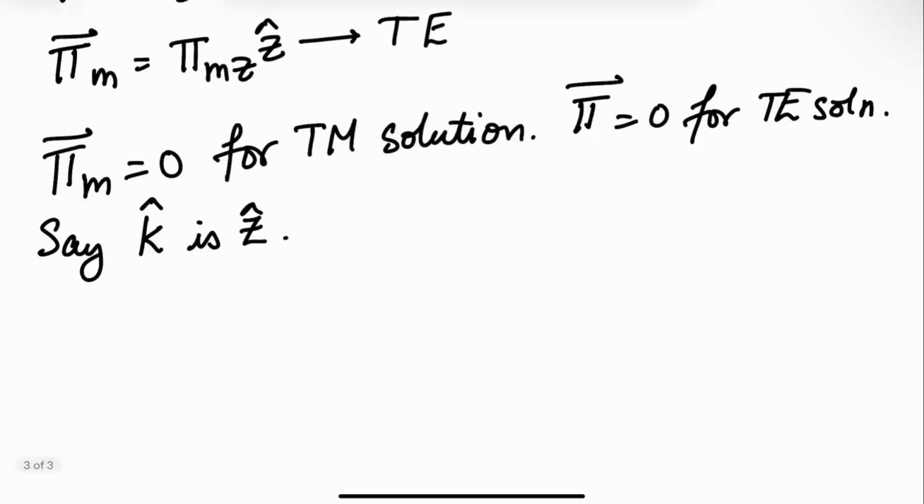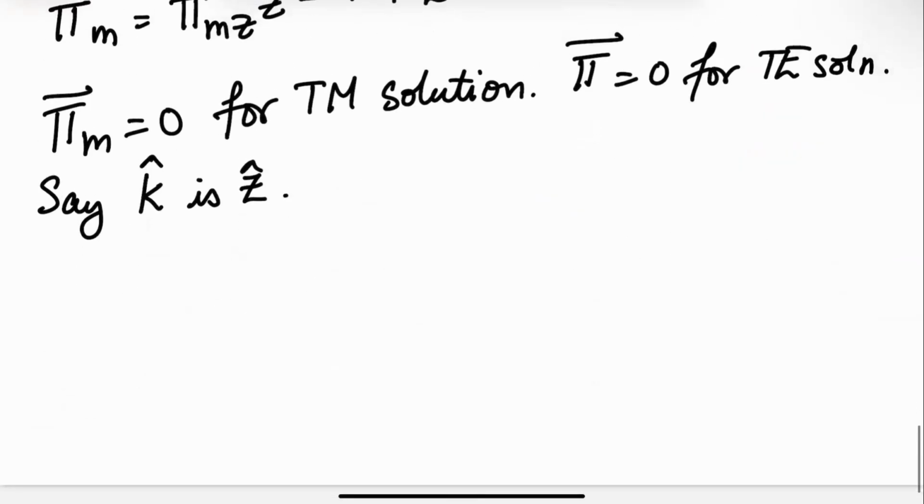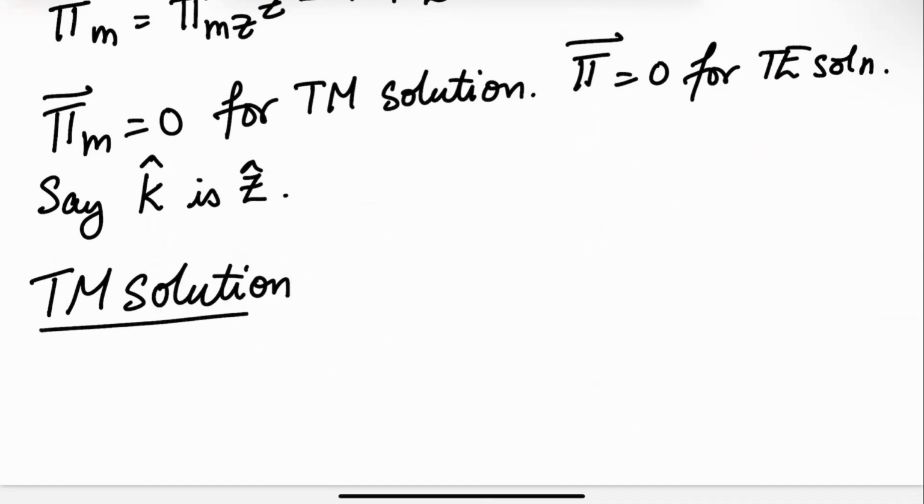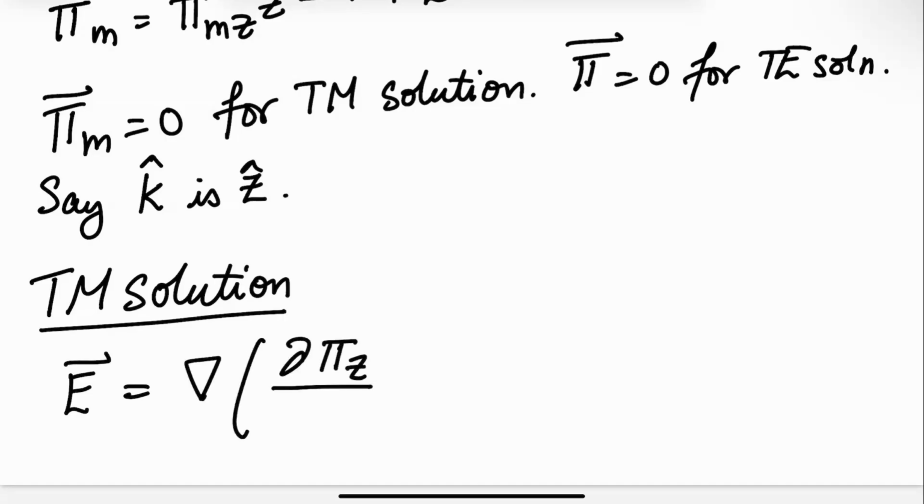So given that we know that, let's say we are going after the Tm solution. Since pi m is 0, E is nothing but the gradient of d pi z over dz plus k square pi z, z hat.